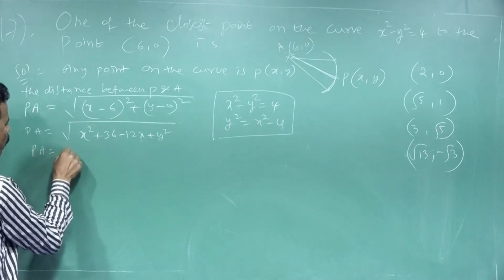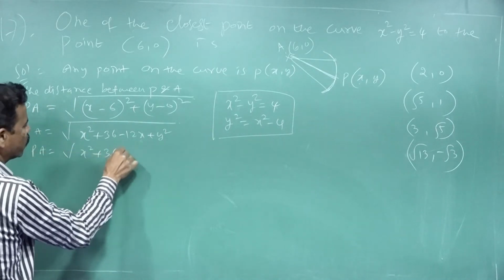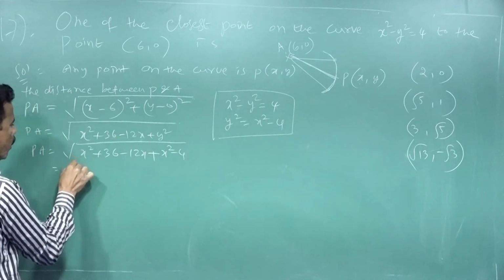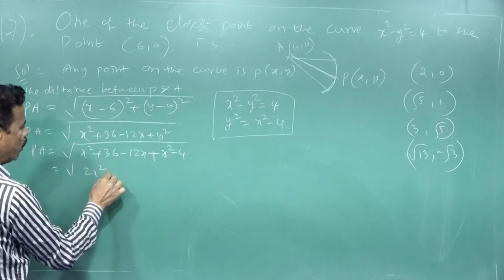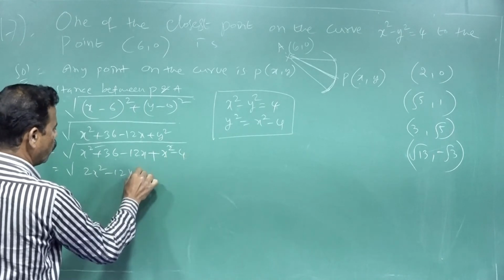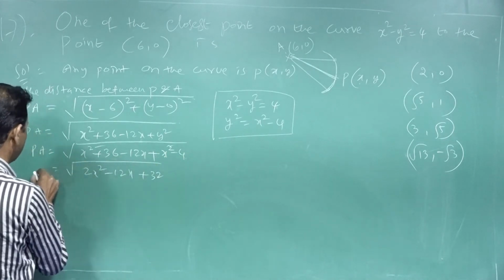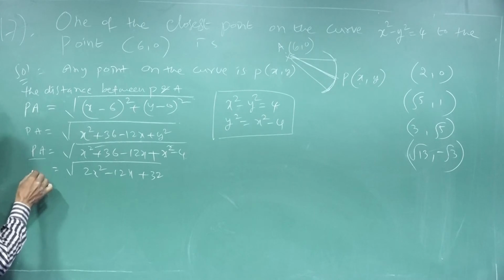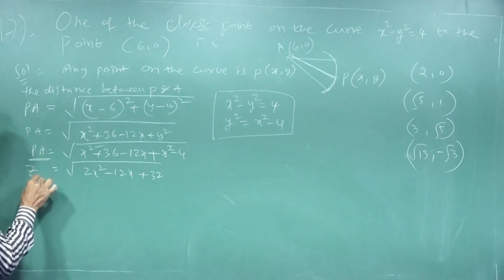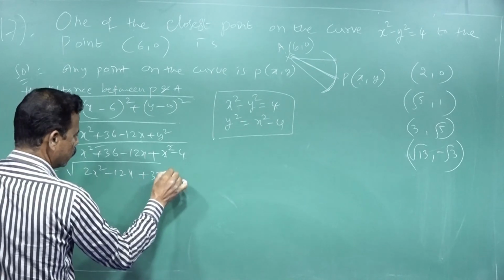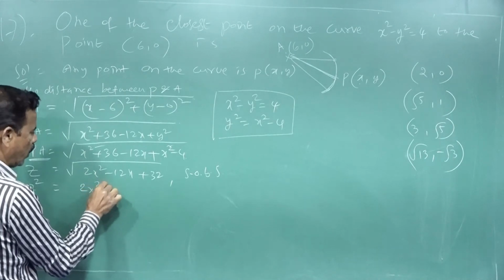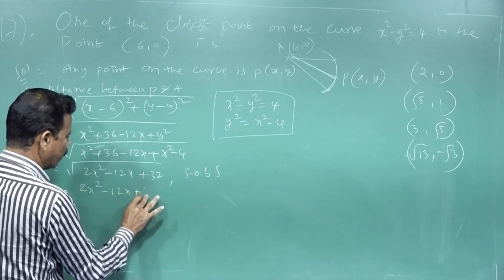So PA is the square root of x square plus 36 minus 12x plus x square minus 4, which is 2x square minus 12x plus 32 under root. Let PA be one variable, z. Squaring on both sides, z square is equal to 2x square minus 12x plus 32.